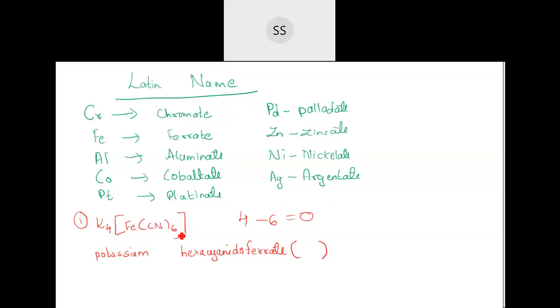Like this you can do the calculation mentally. Here it is minus 6, this has to be plus 4, then it is minus 2, which will go to the other side. So the iron oxidation state will be plus 2. Good.